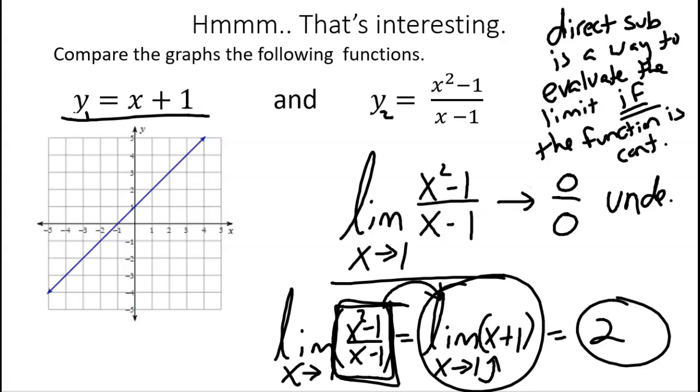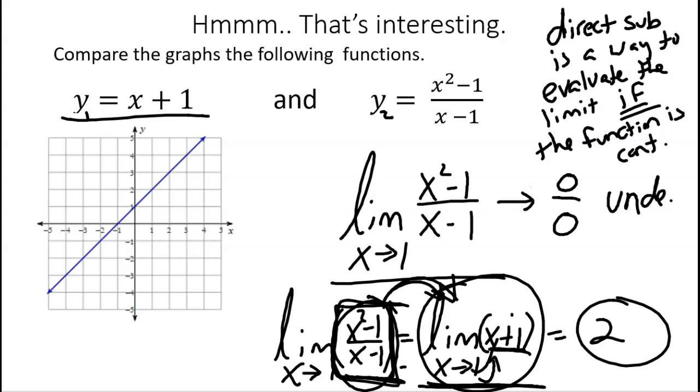But if there's a way that you can change this equation into this equation, well, now that function's continuous. I've removed the discontinuity. These two functions are exactly the same. It's just that this one over here is the same function as this one without the discontinuity. And so now I can do direct substitution.